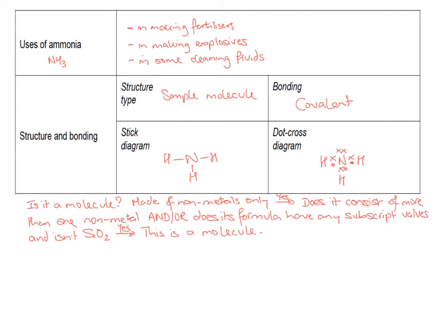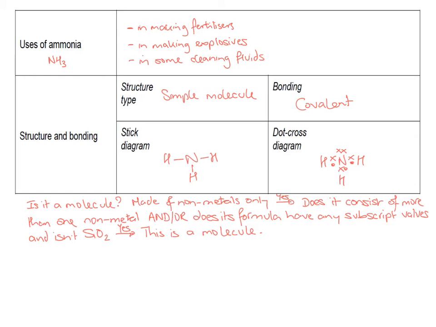Now that we know that the structure is a simple molecule, we can have a think about what state it would be in at, say, room temperature. Normally when people are asking about states of matter, they're typically asking at room temperature. So it's a simple molecule. What that tells us is that it has intermolecular forces. So there are forces of attraction between the molecules. Inter means between.